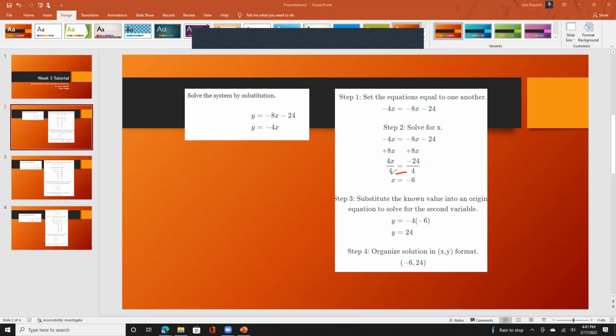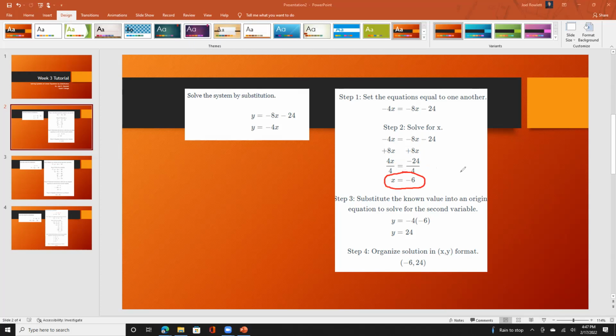Historically, I've noticed that students usually do a good job finding x, but they tend to get tripped up on how to find y. But don't forget that y is actually equal to negative 4x. So I can plug the negative 6 back in place of x. That gives me y is equal to negative 4 times negative 6, so y would have to be positive 24.